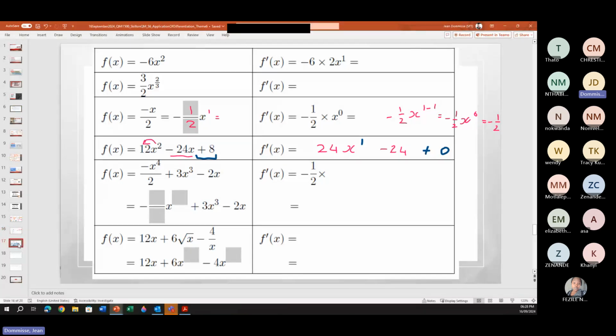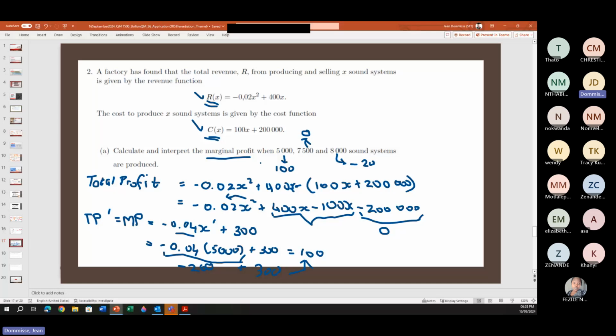They have just asked it in a different type of question. So they first wanted you to work out what is the profit. Very important was the first thing was for you to be able to work out the profit.